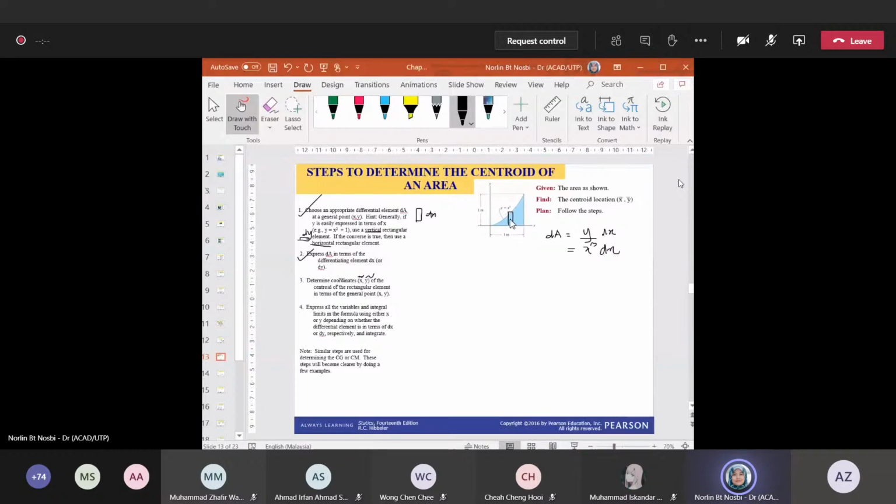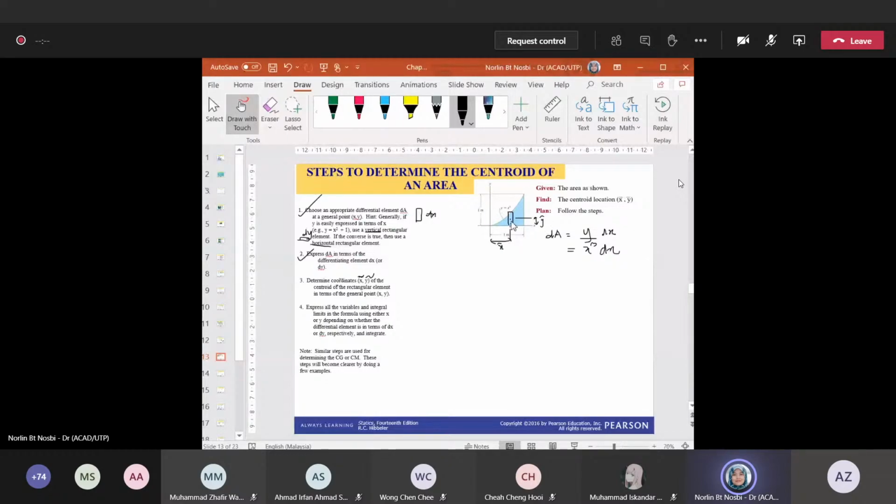So this one until here is the x tilde, and then from the top center until this one is the y tilde. So you need to find them.